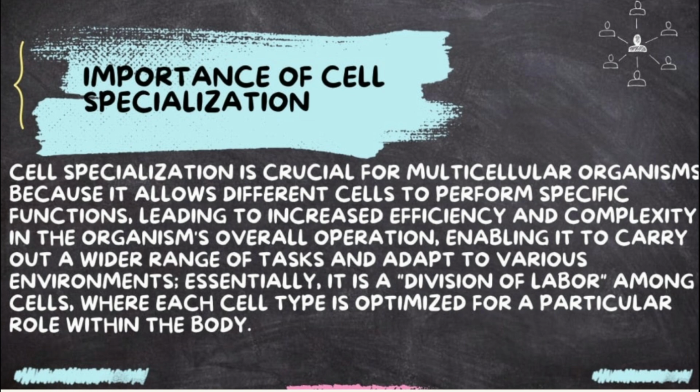Just like in a business, if you have everybody assigned a different task, it would work out much better than if you have one person running up, down, sideways, everywhere, trying to get things done. That's not efficient, right? So the goal behind cell specialization is to divide the labor and allow for more efficiency within cells. That is the entire role of cell specialization.